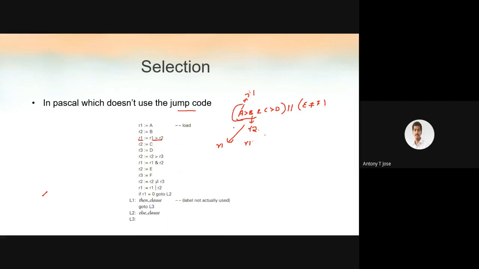Okay, then C will be stored in R2, D will be stored in R3, and this result will be stored in R2. Clear?